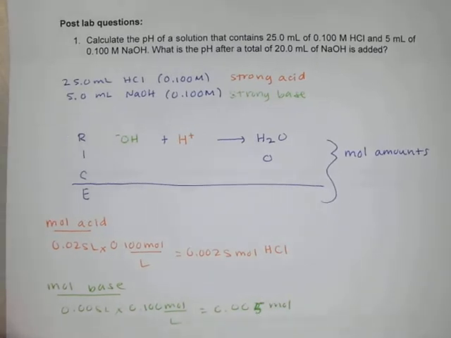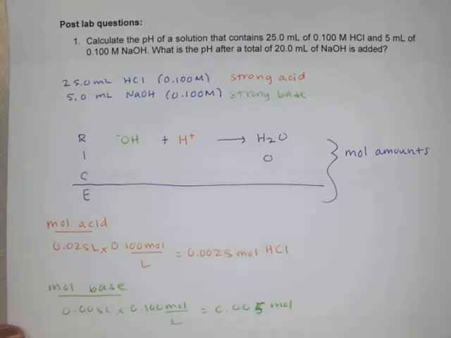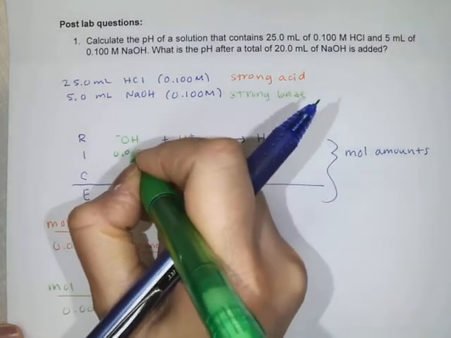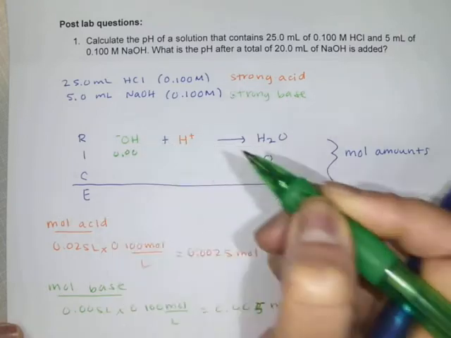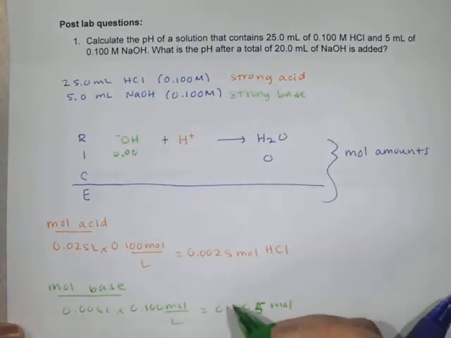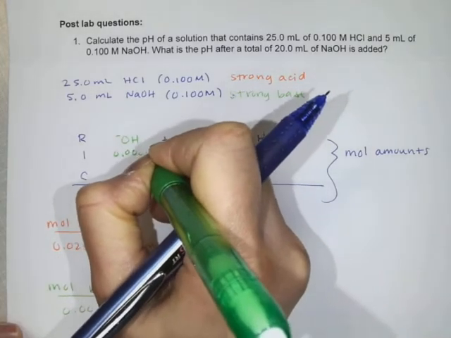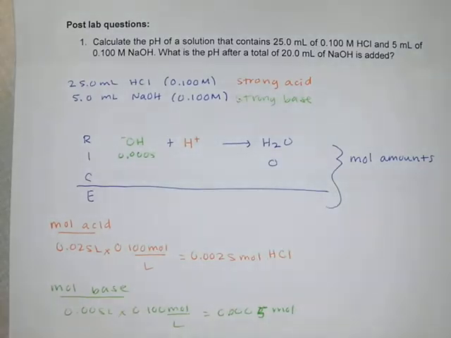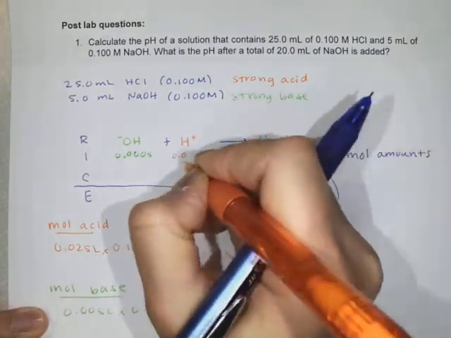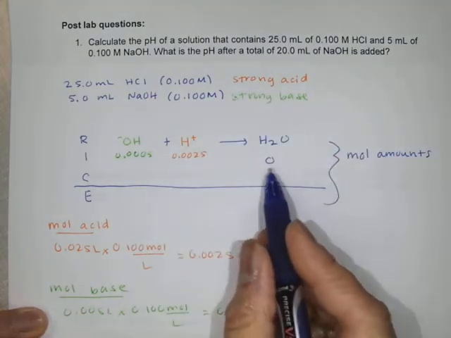Okay, so now we have our mole amounts that we need to fill in our table. So for base, I'm going to put in 0.0005, and for acid, 0.0025 is the initial, and our initial for water is 0.